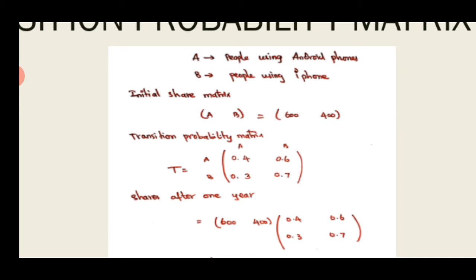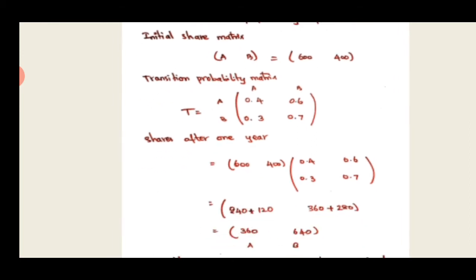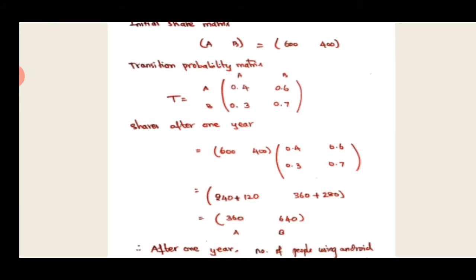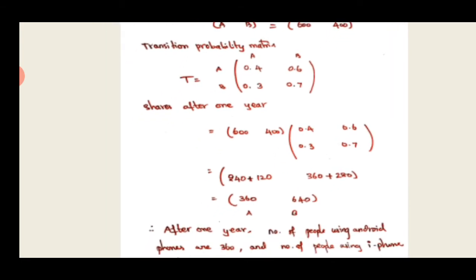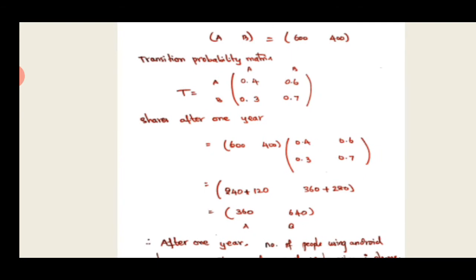Now we have data about how many people converted from using Android to iPhone, or iPhone to Android. That is called the transition probability matrix T, with A and B written on the top and on the rows.